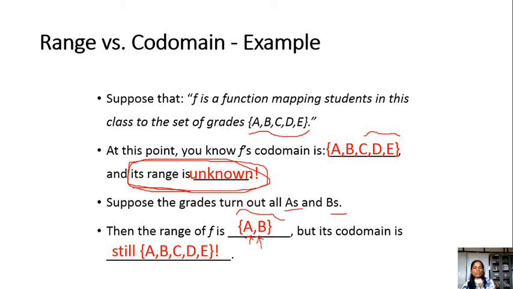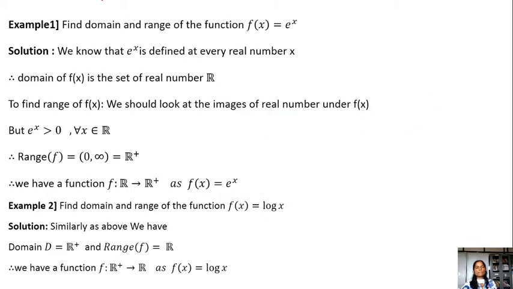Because every student got either grade A or grade B. Its domain is the set of all students, and the codomain is the collection of all grades A, B, C, D, E. So remember, for this function, the domain is the set of all students and the range is the collection of grades capital A and capital B. Let us see some more examples.